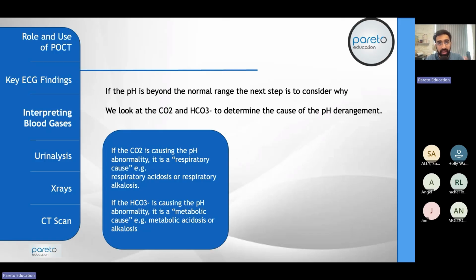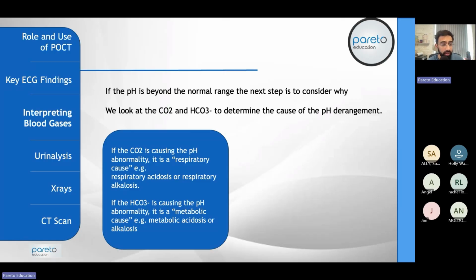The way ABGs work and the way the acid-base system works is that wherever the problem is, the other system compensates. To give you an example, if a patient has sepsis and a very high lactate, that means there's excess acid, so they could have an acidotic pH and low bicarb.